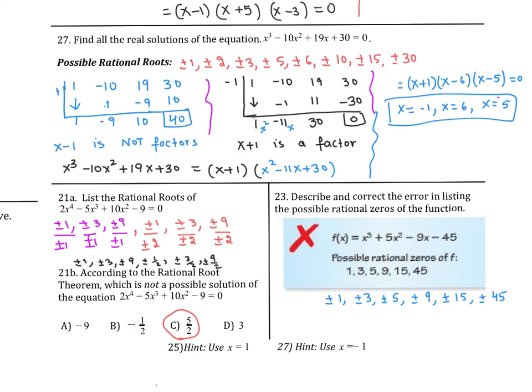The error was that we just took the positive numbers, but we should also have the negative numbers, because negative numbers are also possible solutions for this polynomial.